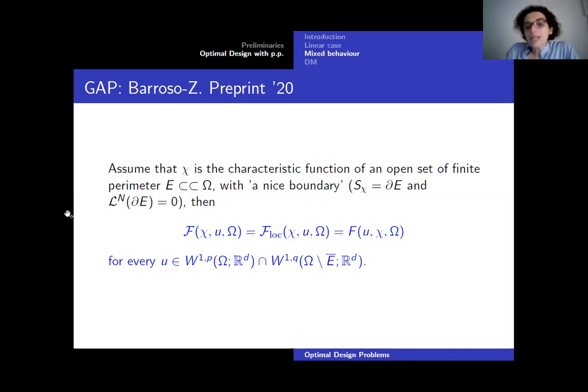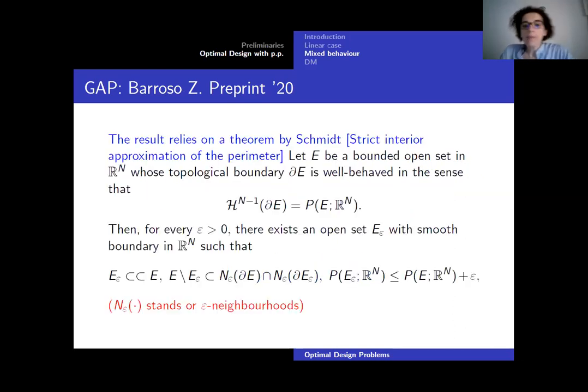I want to stress that this assumption does not conflict with Zhikov's counterexample; it really emphasizes that this property is crucial, but we also had something more: essentially that the topological boundary of our set coincides with the perimeter in the De Giorgi sense of our set. And just a few words and then I'm done.